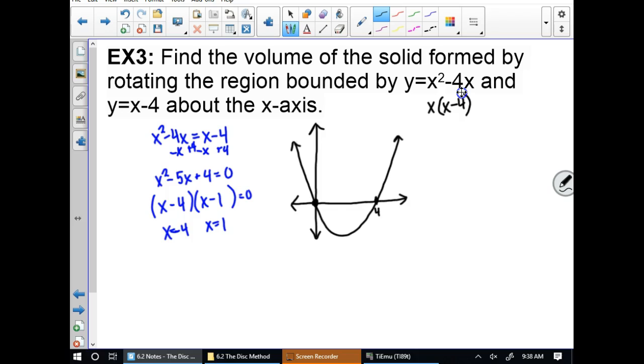I guess I should move this down a little bit. And then I've got a y-intercept here at 4. And so that line will look, let's see, at 1, we'll have an intersection here, 4. So we've got this point to this point, so we're looking at this area right here.